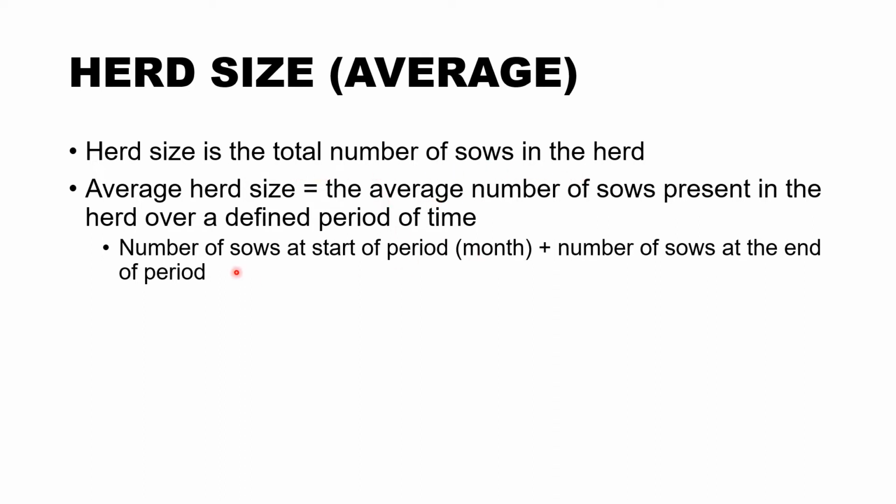Then, the average herd size is the average number of sows present in the herd over a defined period of time. So, that is the number of sows at the start of the period plus the number of sows at the end of the period. So, that's the average herd size.